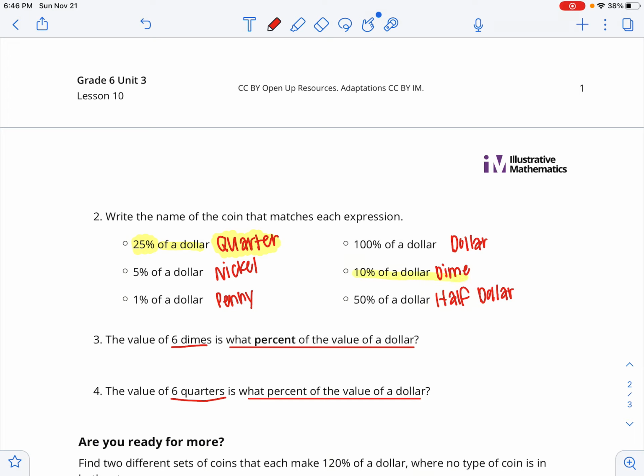And so if we have 6 dimes, that would be 60% of a dollar. We know that every quarter is 25% of a dollar, and so if we have 6 quarters, that would equal 150% of a dollar.